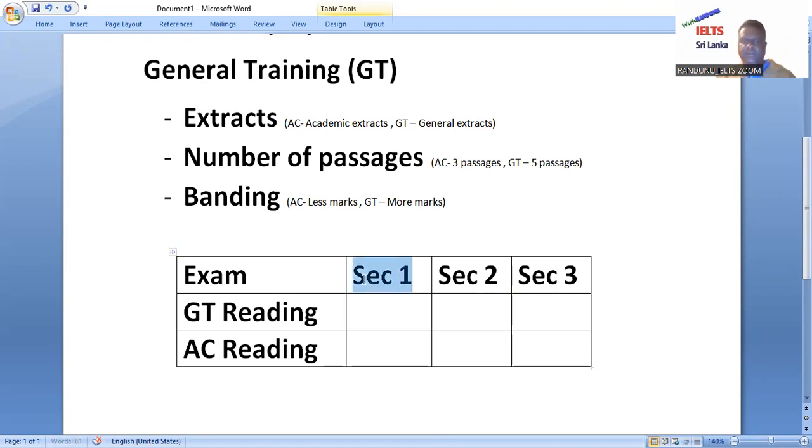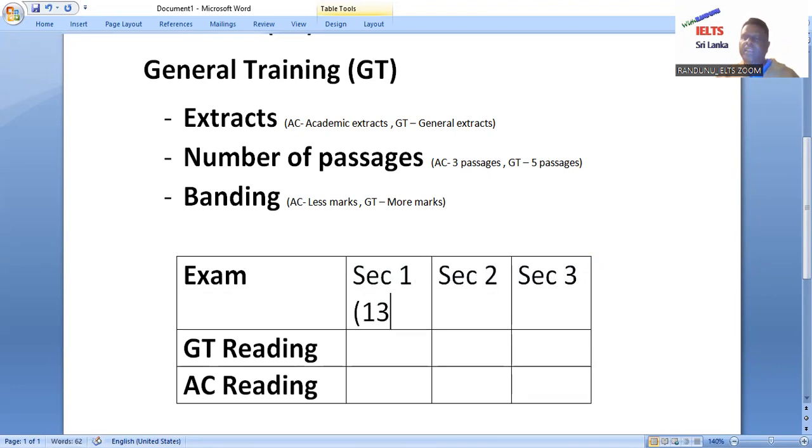There are 40 questions in total. So in section 1, how many questions are there? Normally 13 or 14. If you add up all of these, it will come to 40.